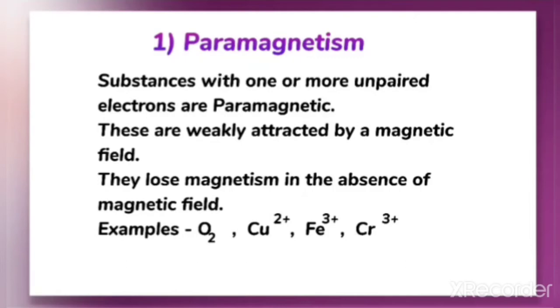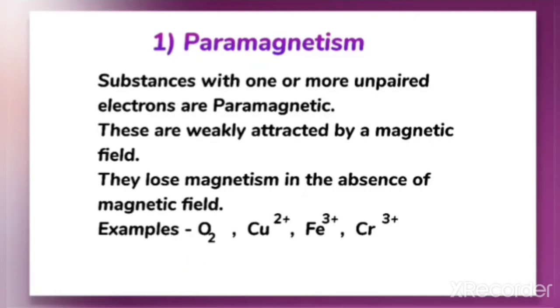That means when we remove the magnetic field, the substances lose the magnetic property. Such substances are called paramagnetic substances, and this is called paramagnetism. Examples of paramagnetic substances are oxygen, copper ion, ferric ion, and Cr3+. When you check, all these examples have unpaired electrons.